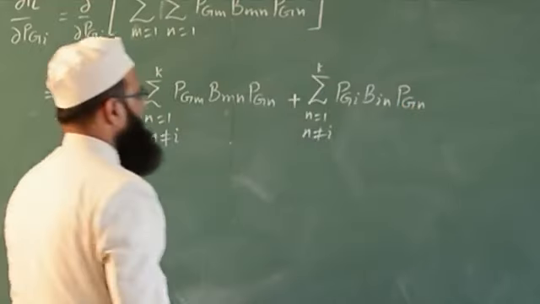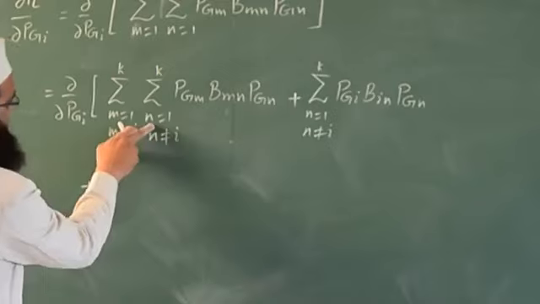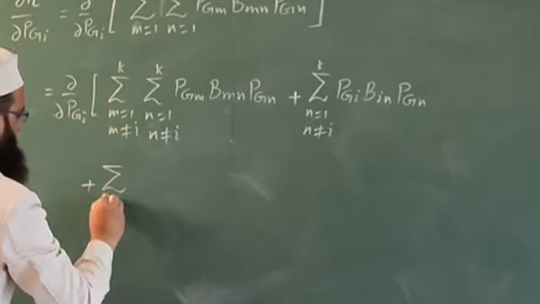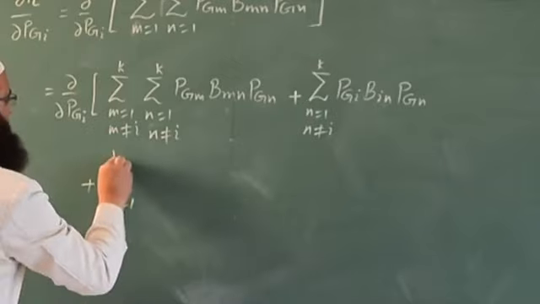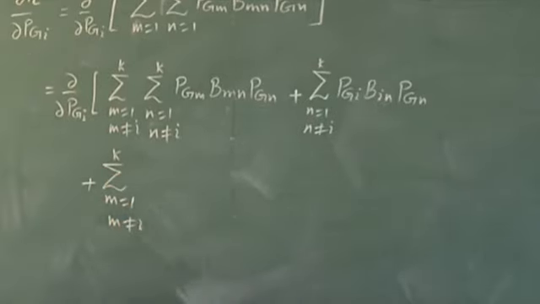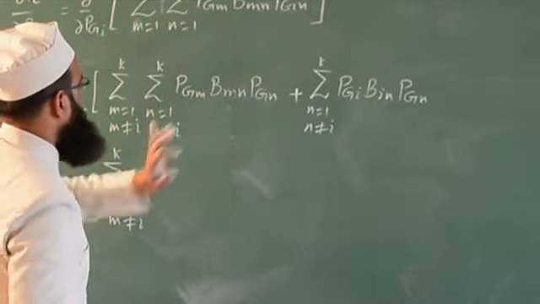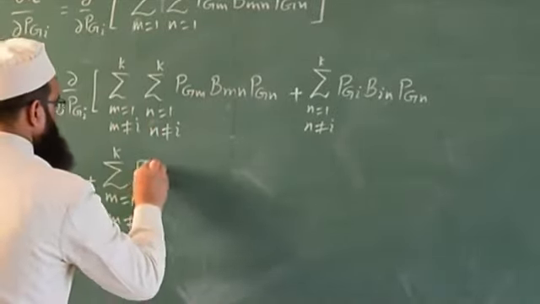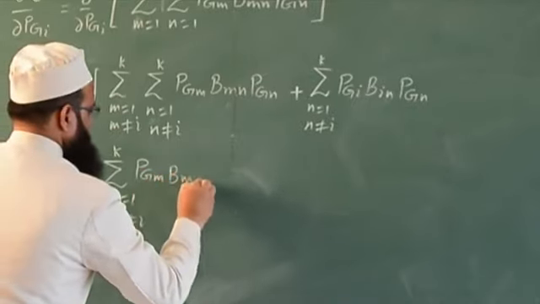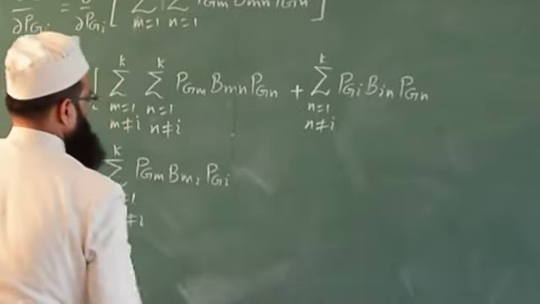Plus this time take n is equal to I: summation m is equal to 1 to k, m is not equal to I, substitute n is equal to I, so this will be PGM BMI PGI.